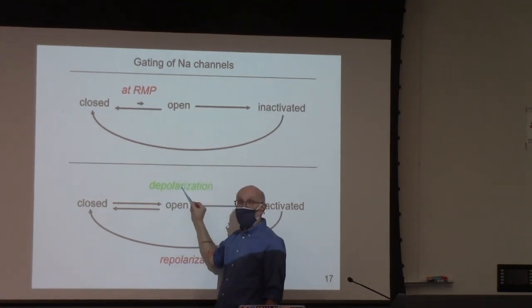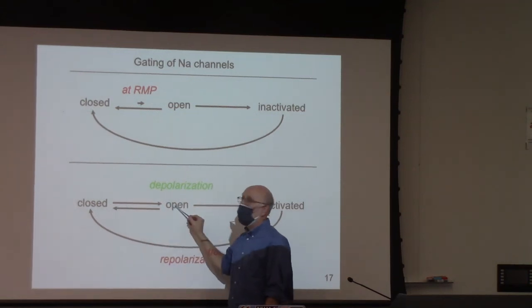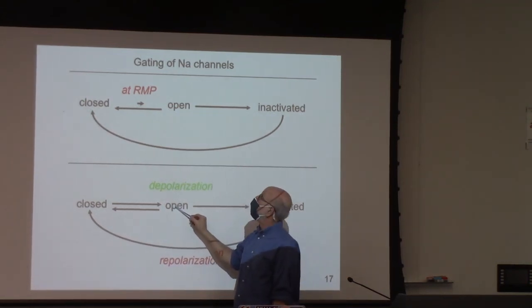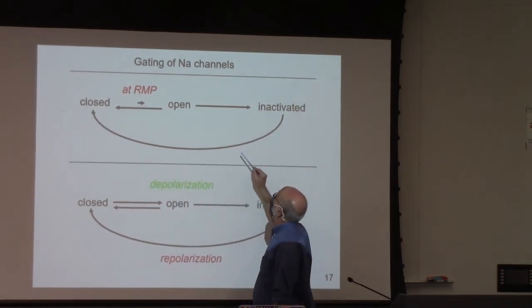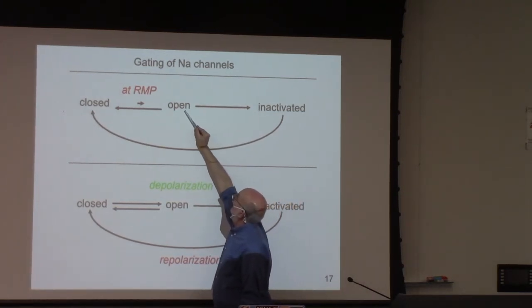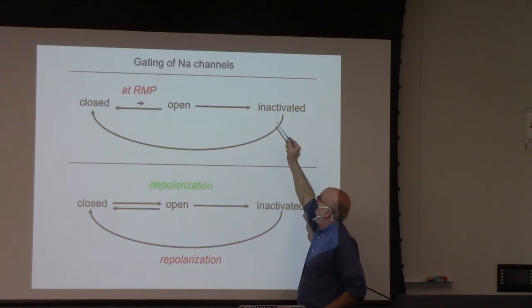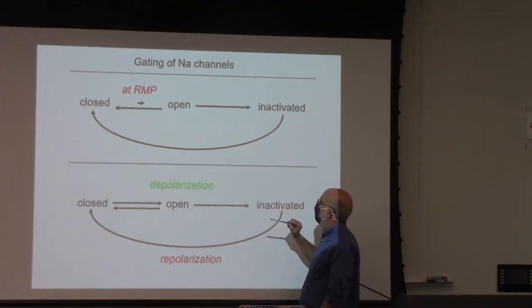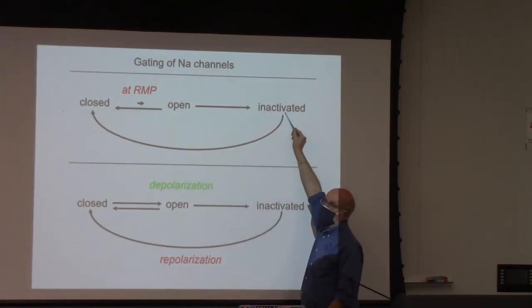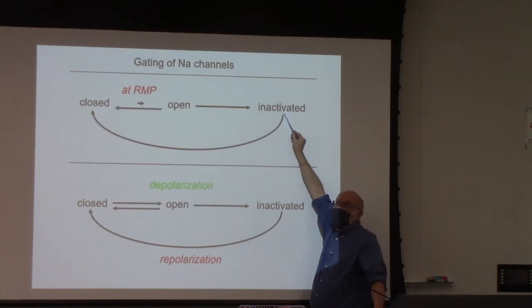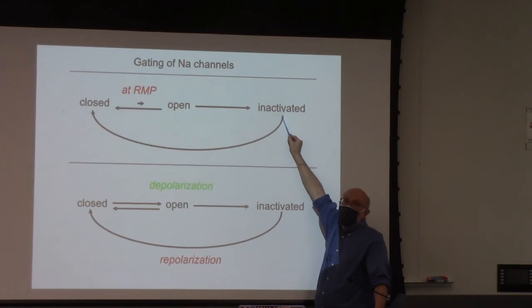When they are depolarized, they open. The channels undergo a conformational change from open to inactivated. In a depolarized voltage, if the voltage stayed depolarized, the channels would stay inactivated.